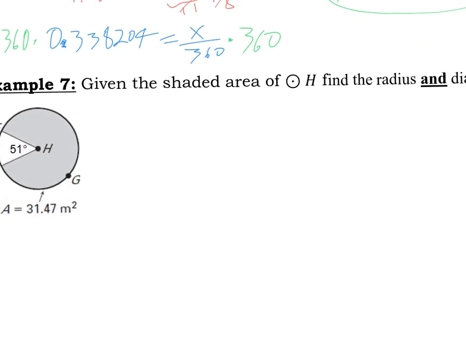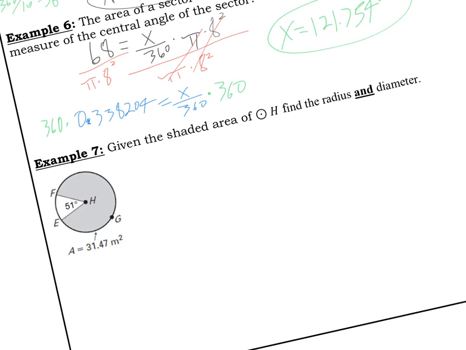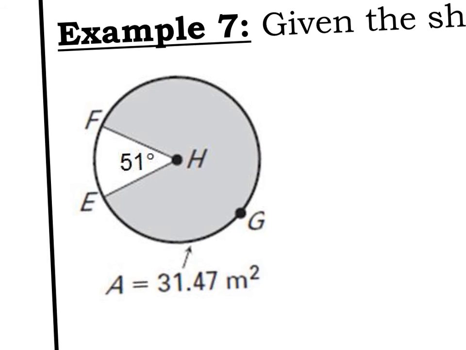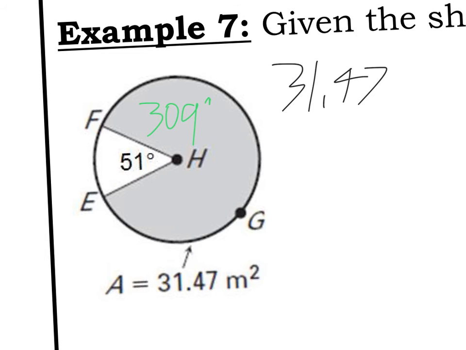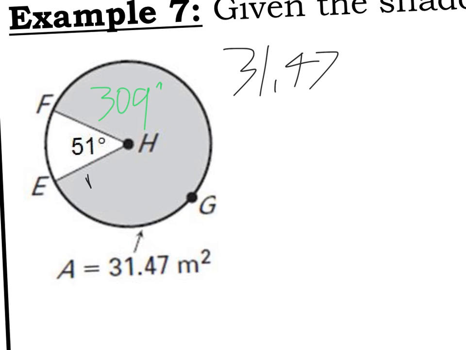Okay, so I have the last example. Given the shaded area of circle H, find the radius and diameter. Okay, so the shaded angle is 309 degrees. How do I know that? It's got to add with 51 to 360, and 51 is the unshaded part. So I have 31.47 is going to equal, well, I don't know my radius.